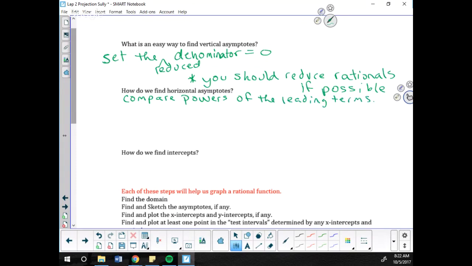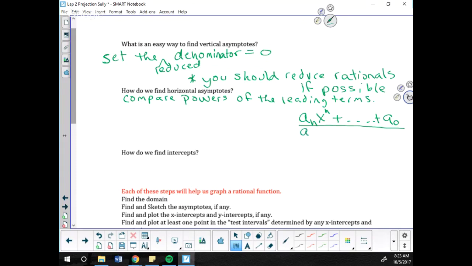Now remember, the leading terms have to be the highest degree. So the one that we discovered from that last example was, let's say we have some polynomial, and I'm just going to label it like this. x to the n times a sub n is that leading coefficient plus dot dot dot, all the way till we get to the end.